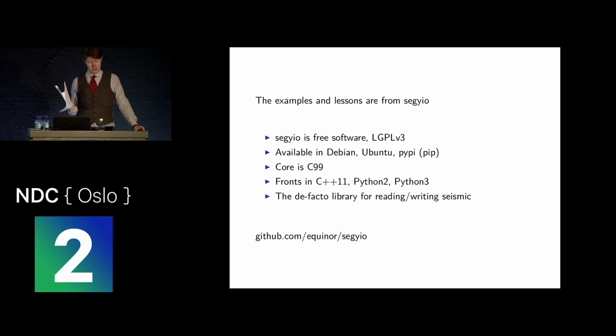And currently it has fronts in C++11, Python 2 and 3, and we have some experimental stuff in both C++ and Julia. It is in the open geoscience community, which is getting pretty large now, actually. This is the de facto library for reading and writing seismic data. And if you ever want to check it out, it is available here on GitHub.